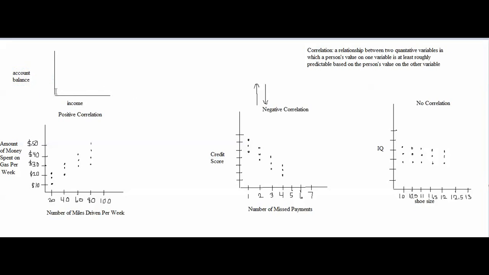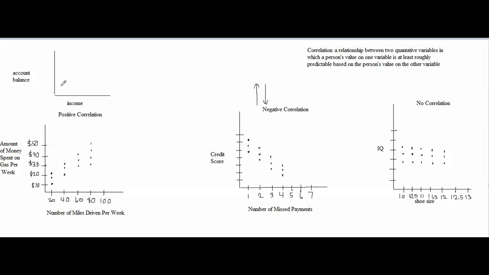Now, it might seem like people with higher incomes would have higher account balances, because if you make more money, it seems like you would be putting more money in the bank and you would have more money saved. But that might not be true for a lot of people because it also depends on how much money you're saving. If you have a person who's making a lot of money, but they spend a lot of money, then that person will have a low account balance even though they have a high income.